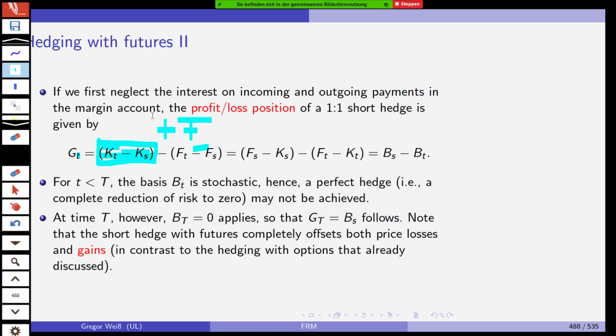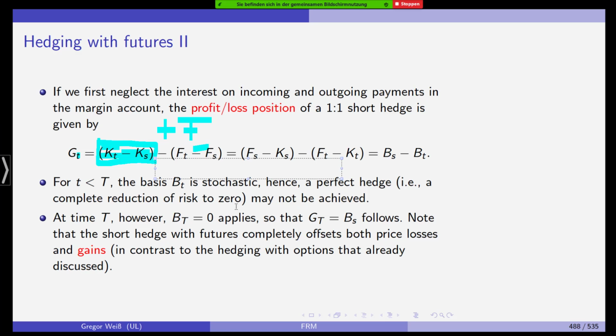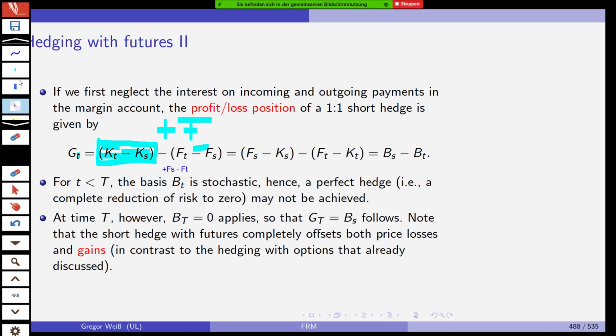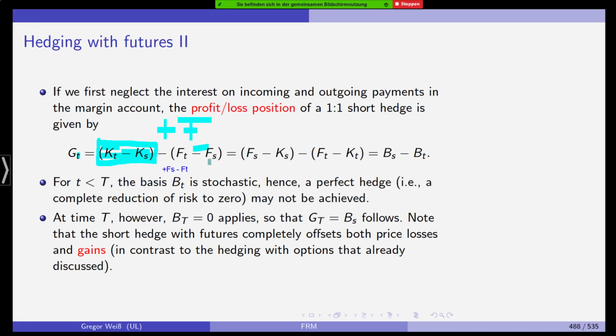So actually, we've received plus F_S, and at maturity, we have to settle this, so it's minus F_T. If we now switch the future price to the other side and rearrange this a little bit, we can see it's actually F_S minus K_S minus F_T minus K_T.